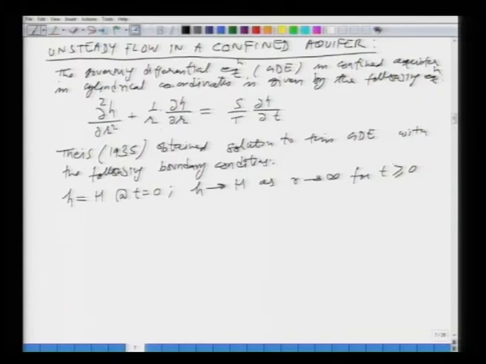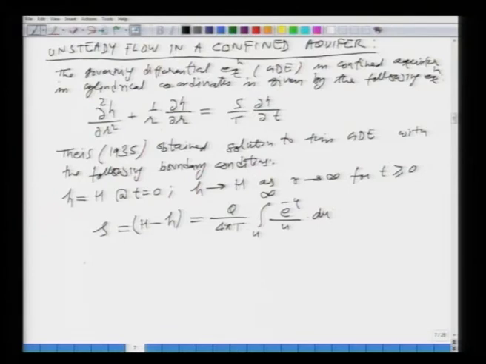Under these boundary conditions he has obtained this solution as follows, in which he defined the drawdown s as capital H minus small h, is equal to Q over 4 pi T times the integral from u to infinity of e to the minus u over u du.